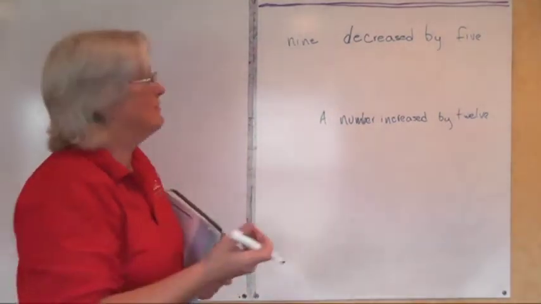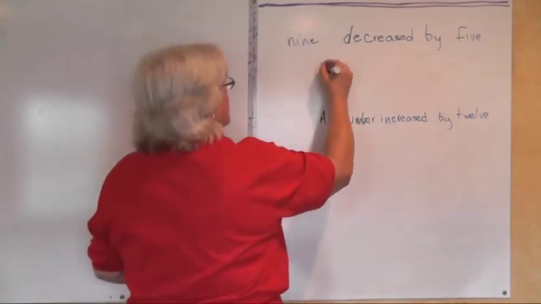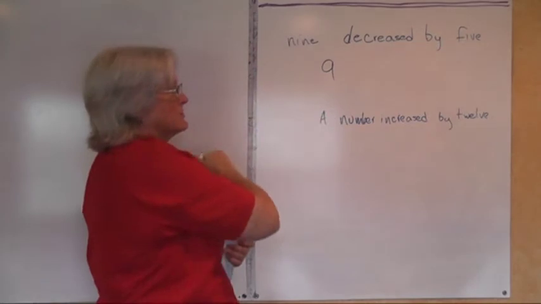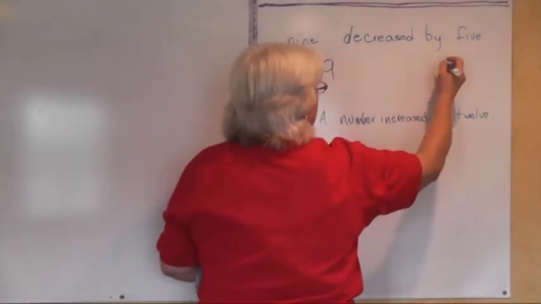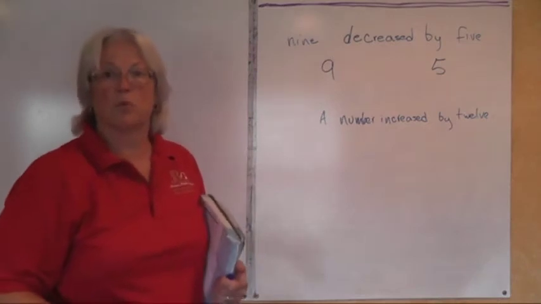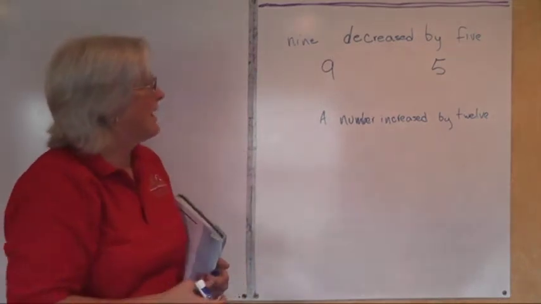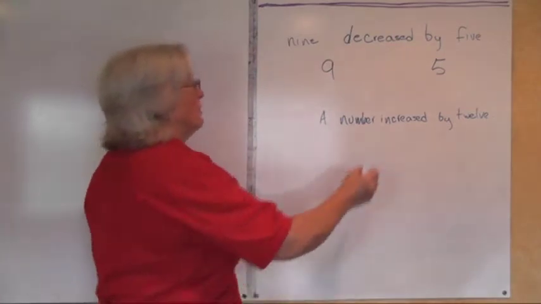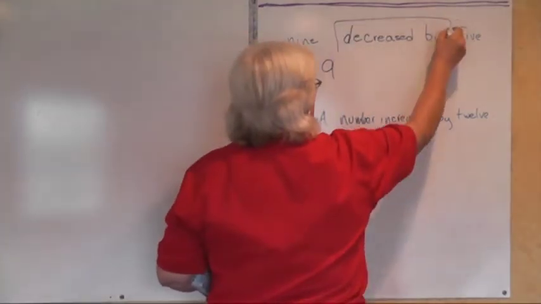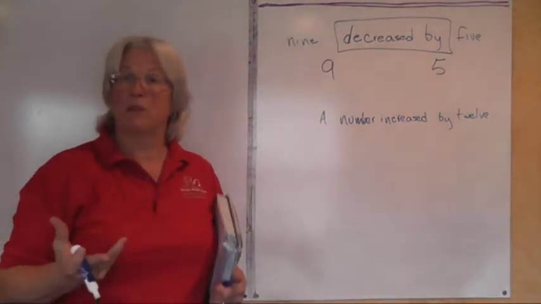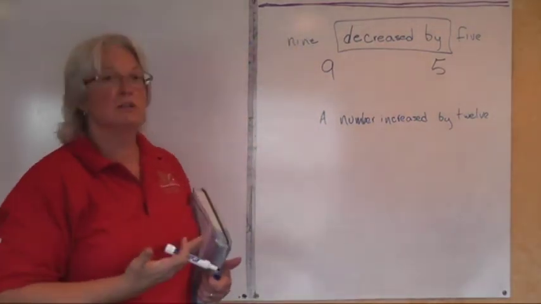You already know that you have a symbol that represents the English word 9, and it looks like this. It's the number 9. The English word 5 is represented with the Arabic numeral that looks just like that. Now, what English words do we need to translate into the language of mathematics? That would be decreased by.